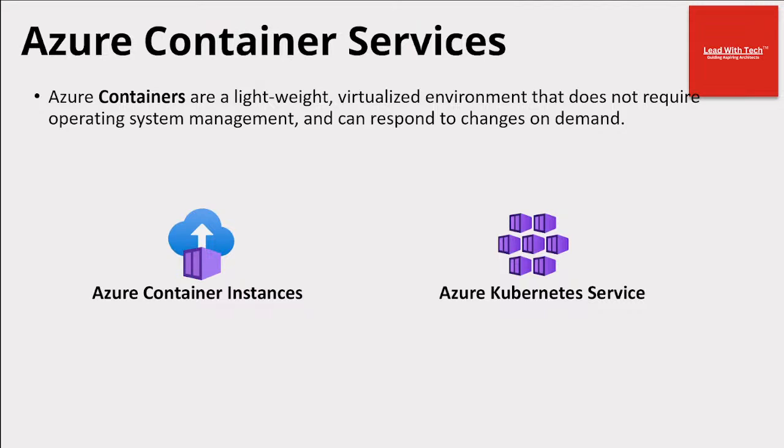And Azure Container Services are more like managed containers, wherein you'll be able to manage multiple container environments and build and scale applications in containers without having to manage most of the container image related activities.